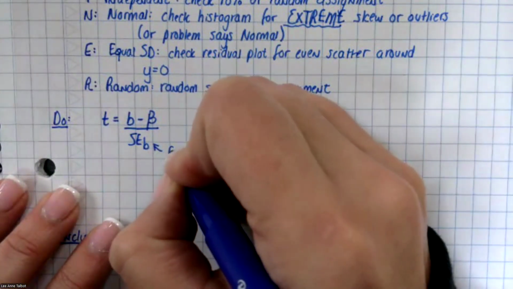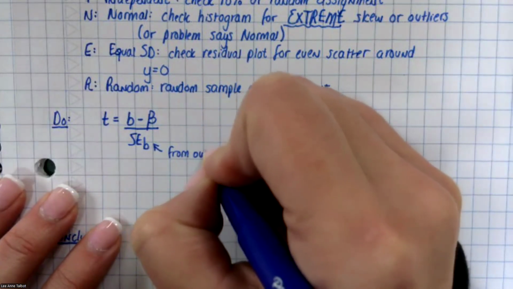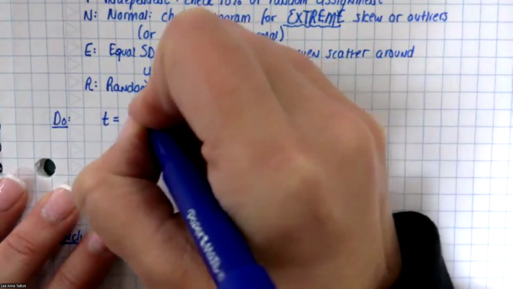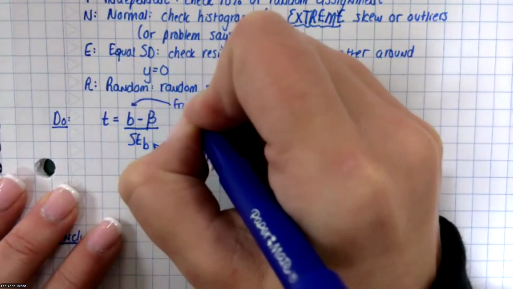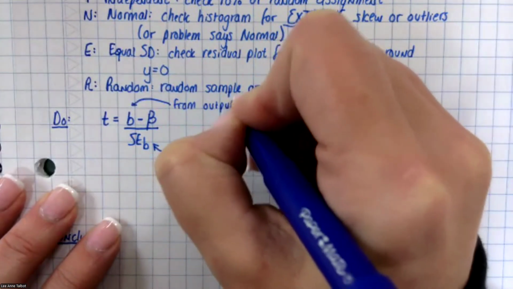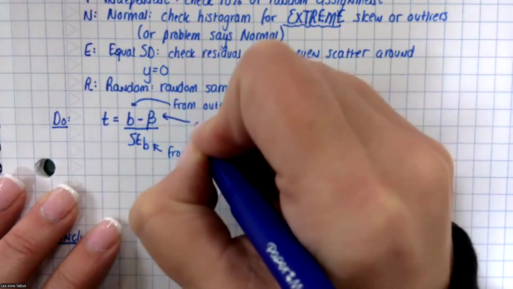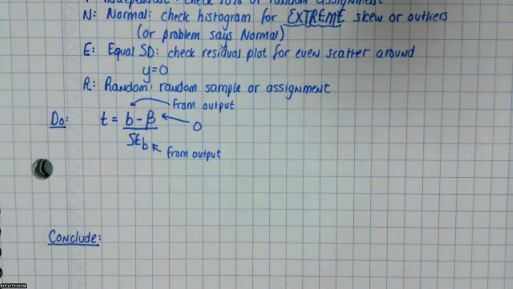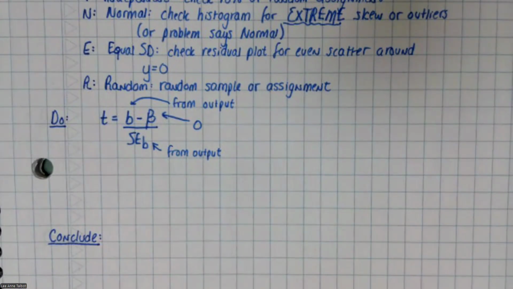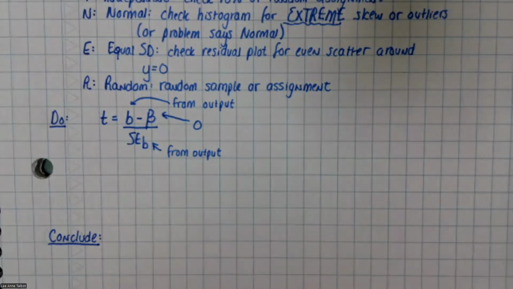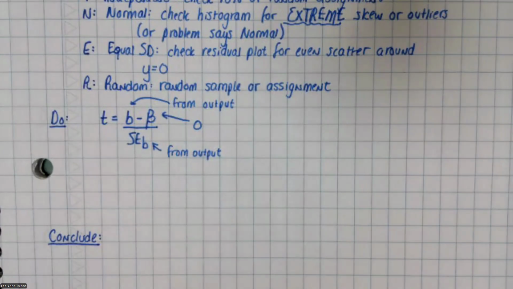So you're going to get little b from the output, big B is 0, and standard error of the slope is also from the output. Let me just show you what numbers those are again.